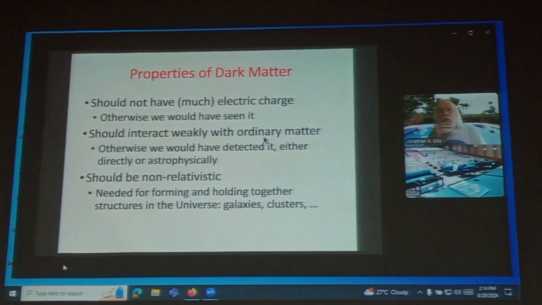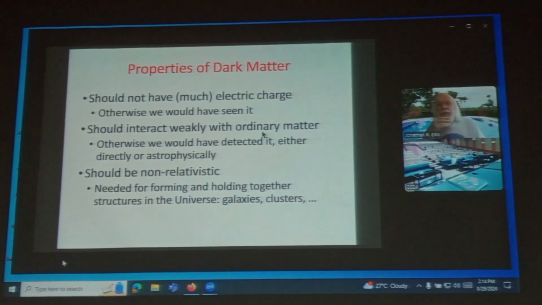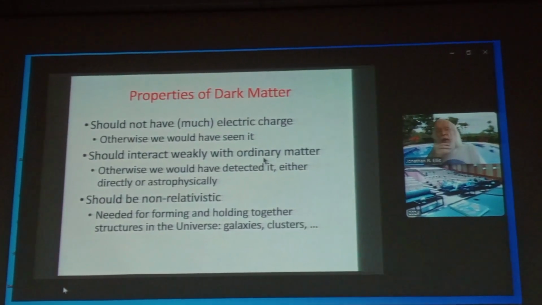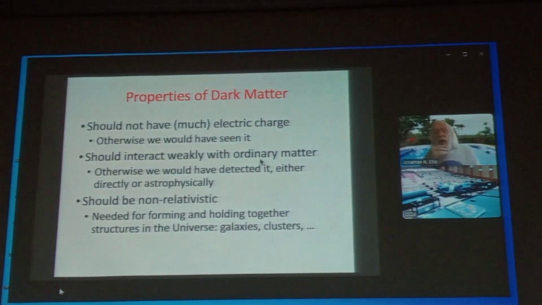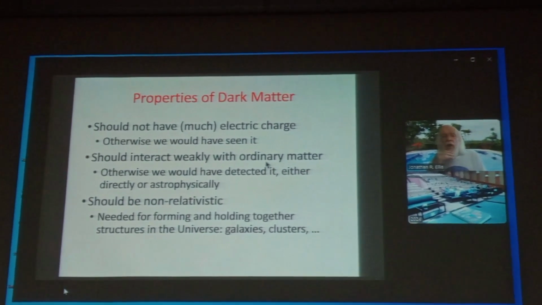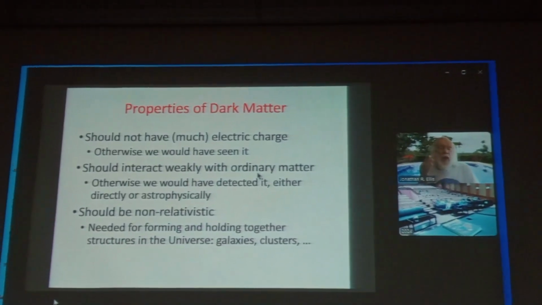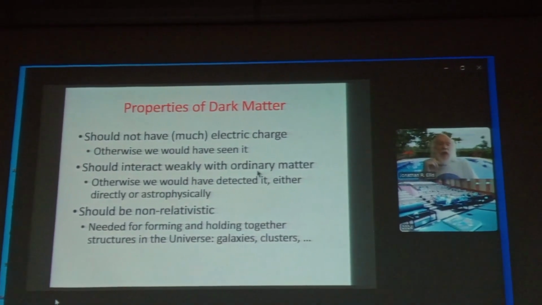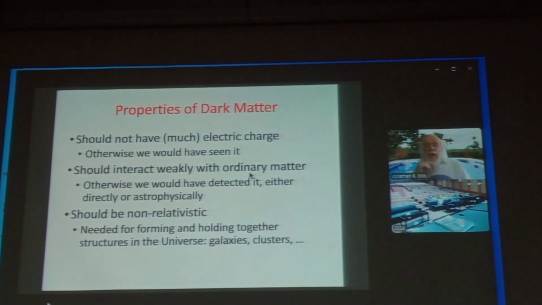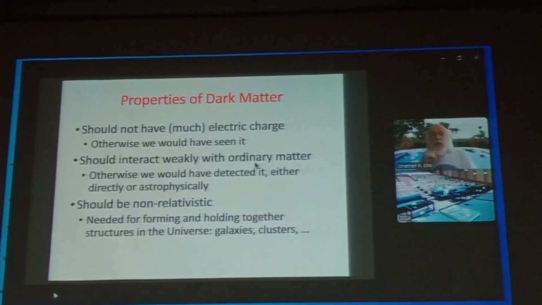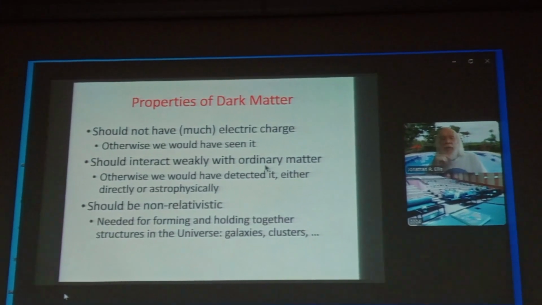So, what might this dark matter be? Well, we actually have very little information. We know that it should not have electric charge, at least not very much electric charge. If it had electric charge, then it would emit electromagnetic radiation.